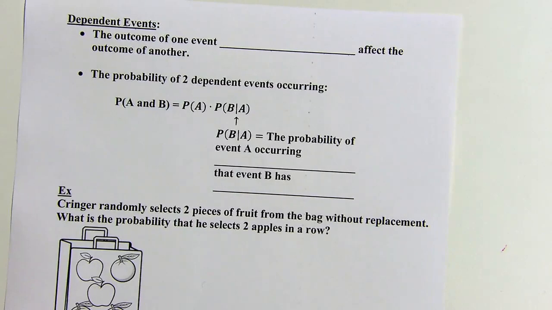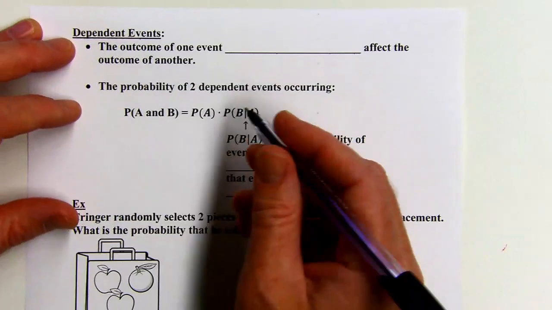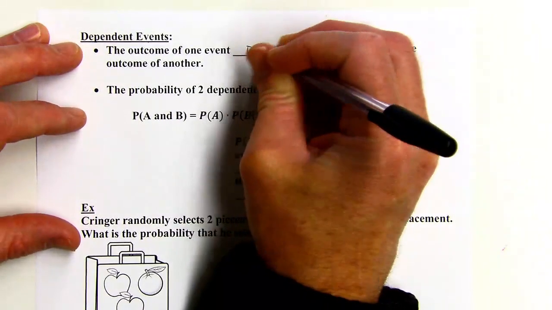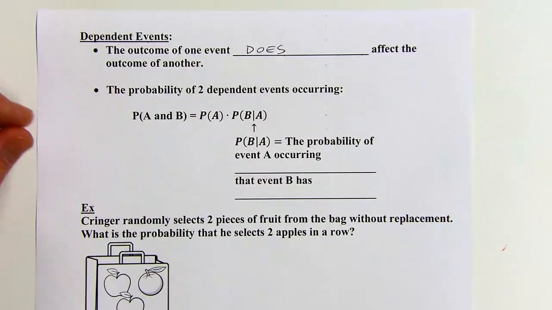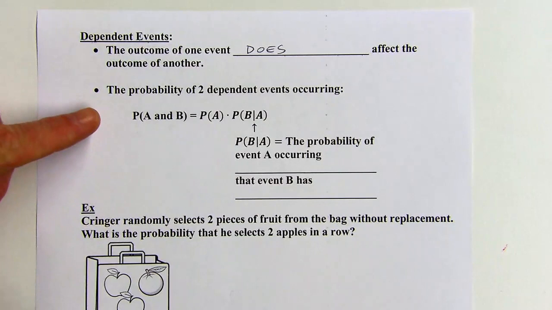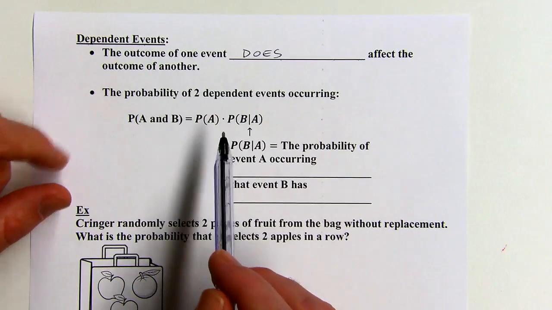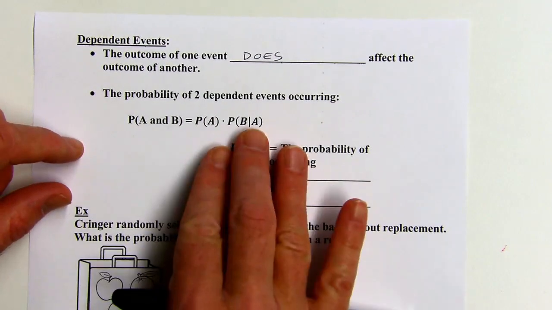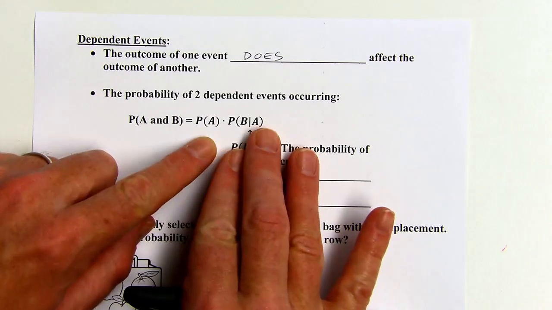Okay, dependent events. So these are where the outcome of one event does affect the outcome of another. Okay, so the probability of 2 dependent events occurring is going to look like this. We're going to just take the probability of the first event first.